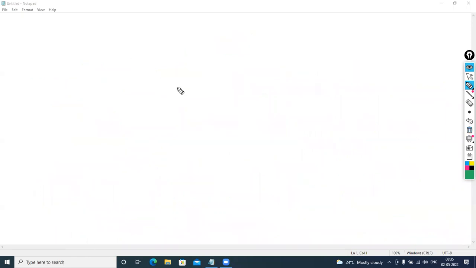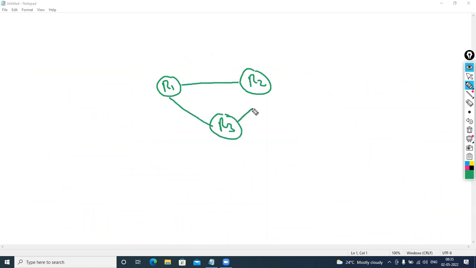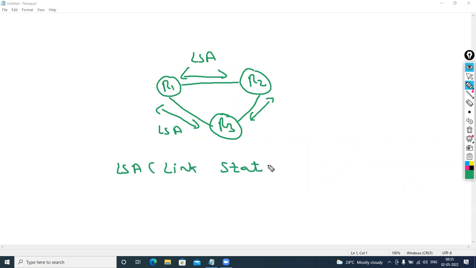Now, if you talk about R1, R2, and R3, when you enable OSPF on all these three routers, they'll start exchanging LSAs. LSA stands for link state advertisement. What does this LSA contain?